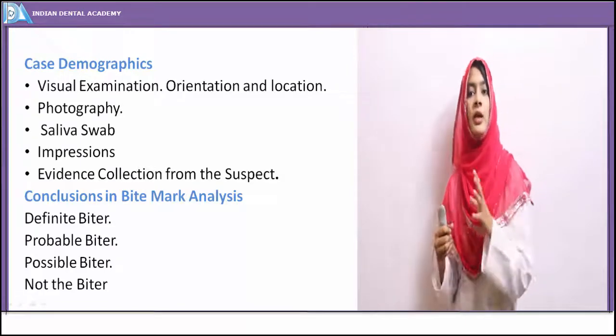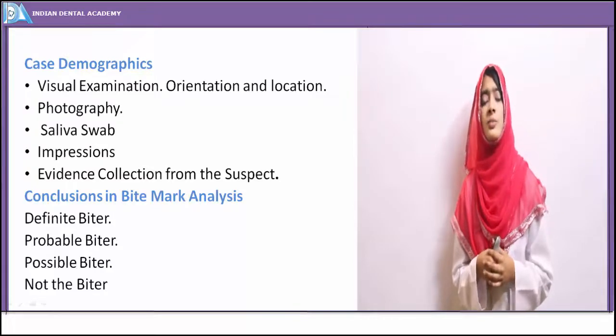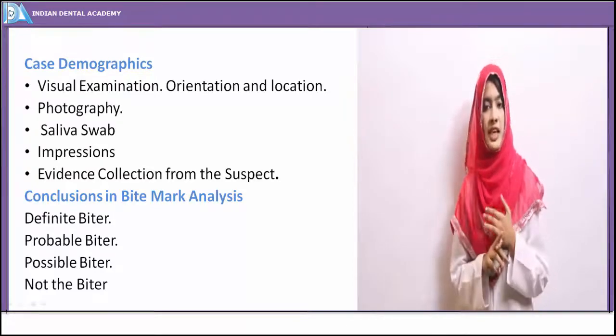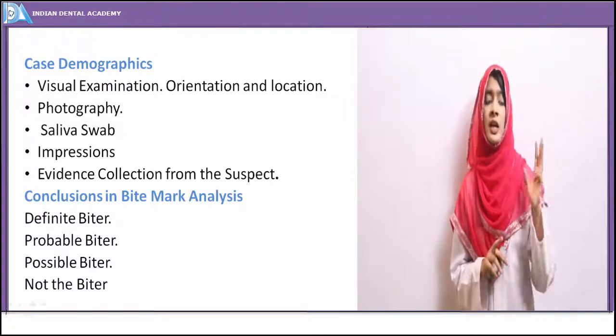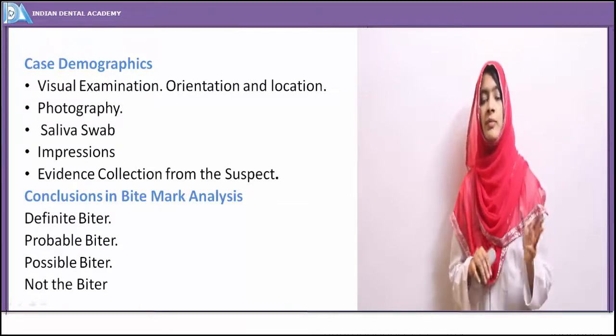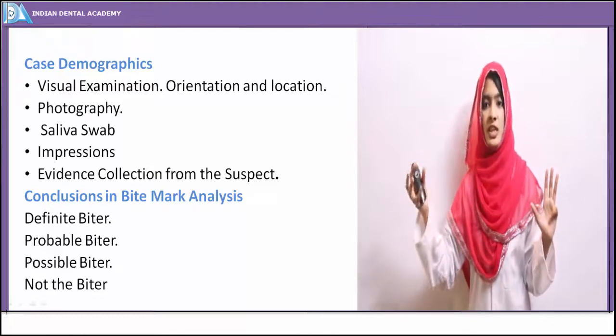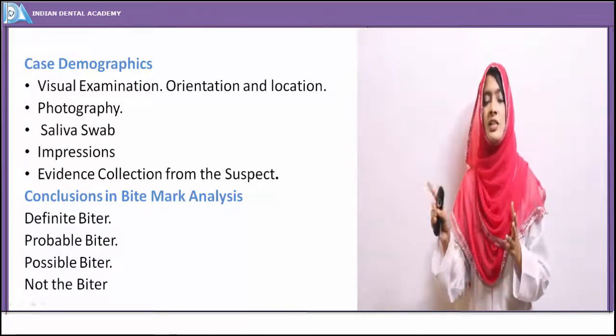In that way identification is carried out, and you give a conclusion after bite mark analysis. If there is a definite match between the bite mark present on the victim and the morphologic appearance of the suspect, if both are similar, definitely that is the biter.